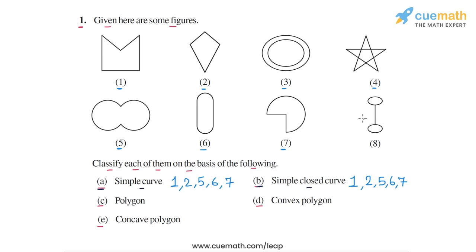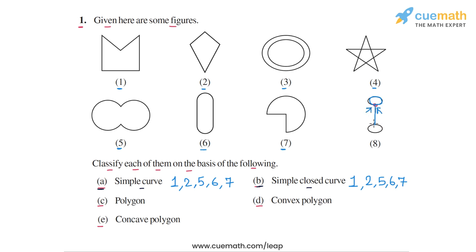So this is a curve, but does it cross itself or not? So let's say that you start drawing this curve from this point here, this point that connects the segment to the circular or elliptical loop on the top. If you start drawing the loop from this point and you do one loop, you come back to this point and then you go to this segment, you see that the drawing will cross itself at this point here.